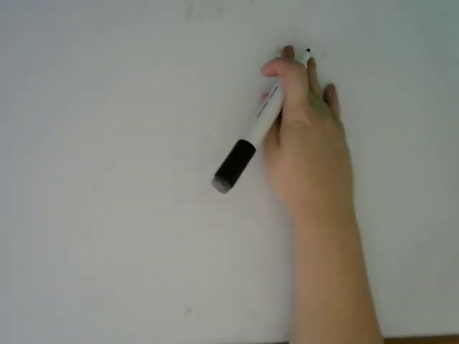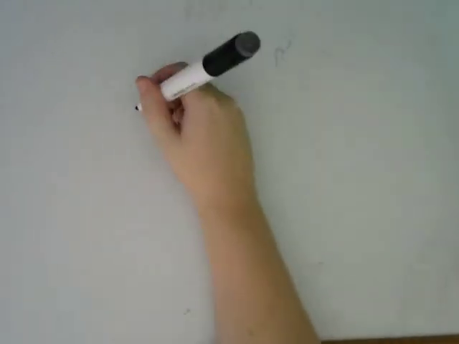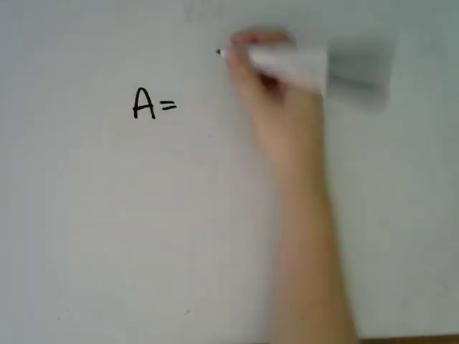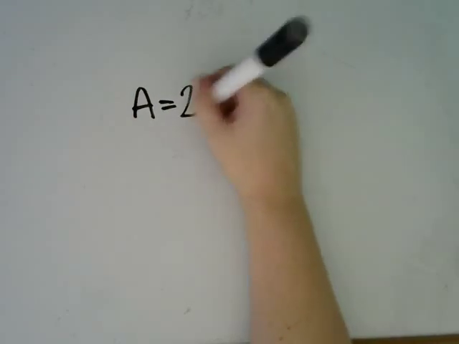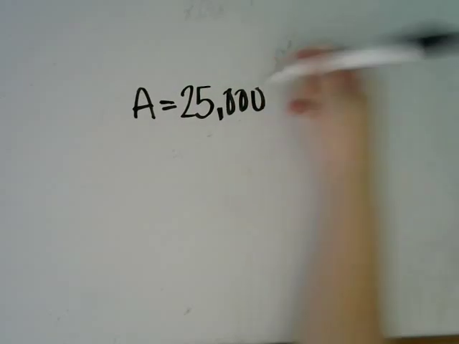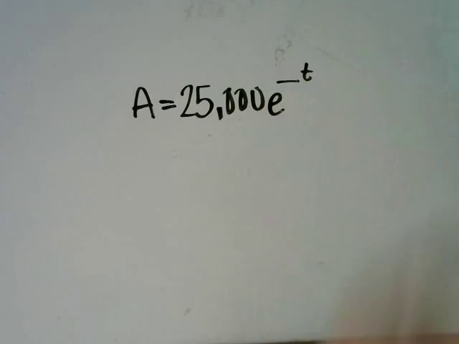Imagine the car that depreciates 18%, from the previous example, and instead it decayed continuously. How would we write an exponential model? We'd have A equals, and then the initial value of that car was 25,000, and then we'd write e to the what t.